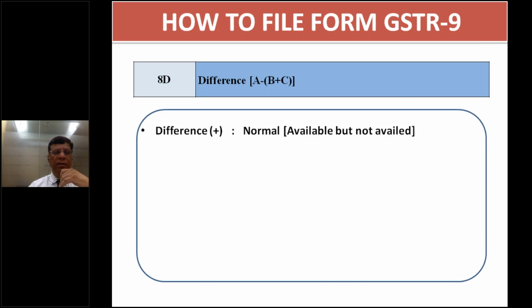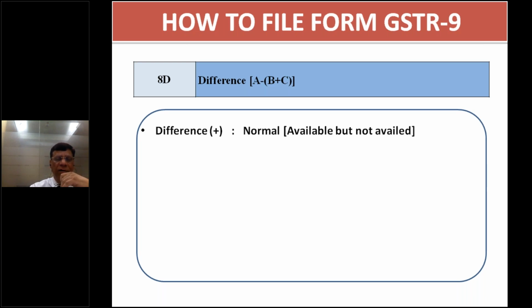Then there would be a difference A minus B plus C, and if this difference is positive, it is normal: available but not availed, meaning that your claims are lesser and your 2A is higher. In that particular case, the lawmaker says no objection.